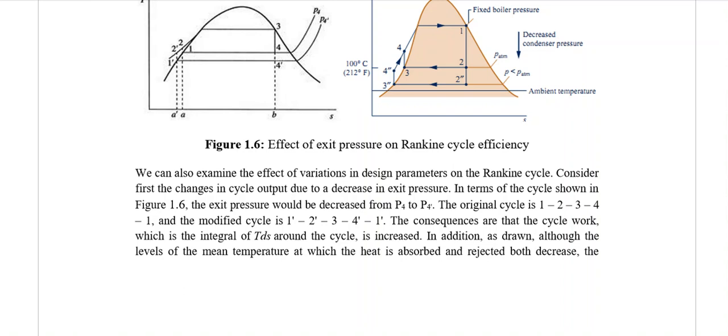The more the material can sustain pressure and temperature, the higher the boiler can go in pressure. In current technology, the boiler can go up to the critical pressure and up to as much as 600 degrees centigrade.